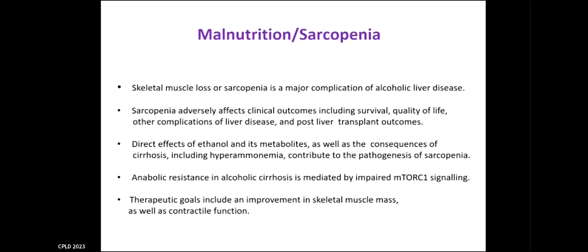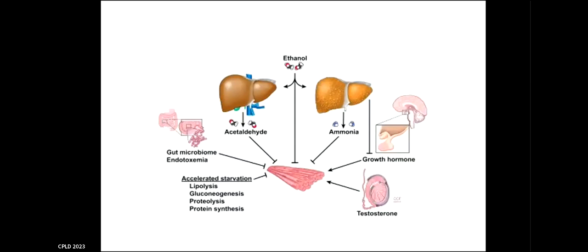It adversely affects clinical outcome, including quality of life, complications of liver disease, and post-transplant outcome. Direct effects of ethanol and its metabolites, as well as the consequences of cirrhosis, including hyperammonemia, contribute to the pathogenesis of sarcopenia. And therapeutic goals include an improvement in skeletal muscle mass, as well as in the contractile function of the muscles.